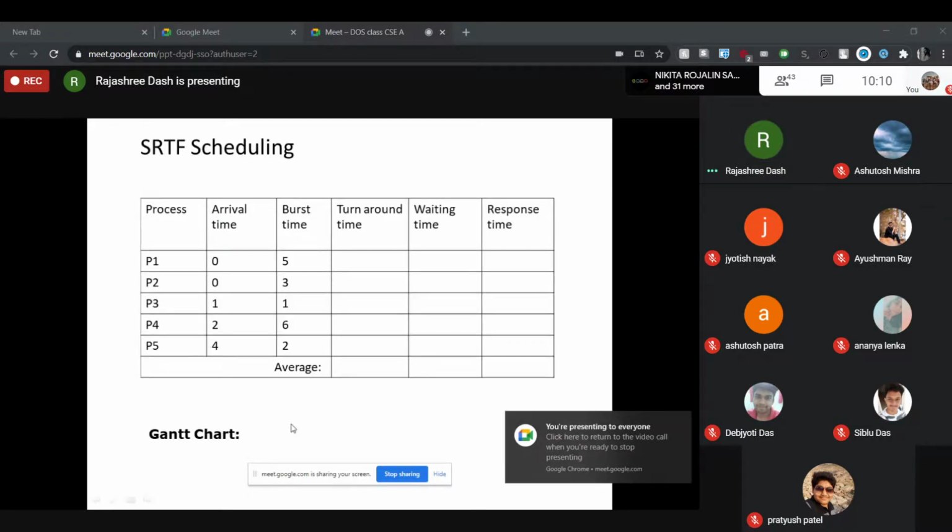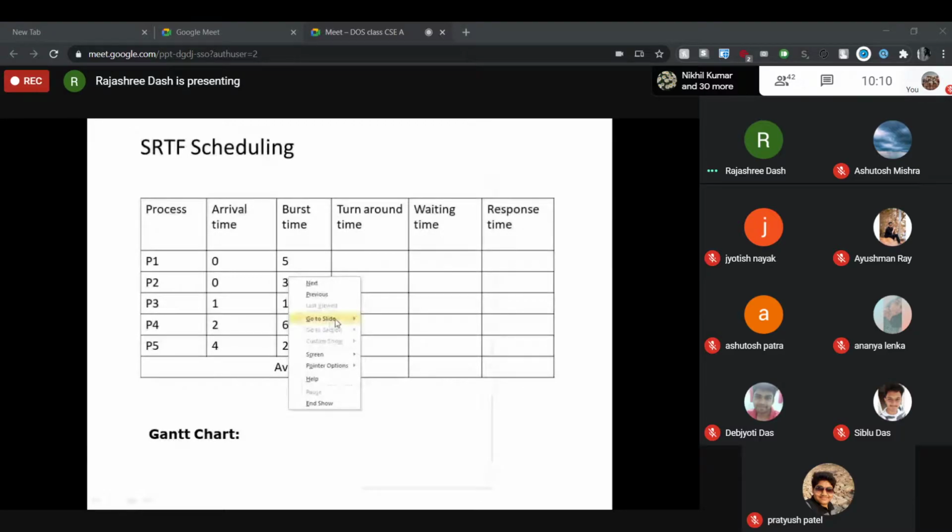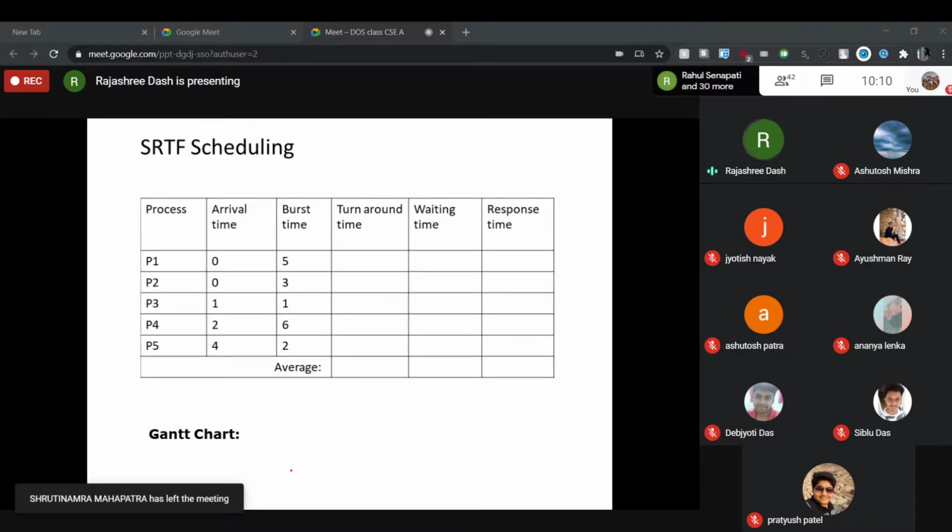Okay. So I think it is visible to all of you. There are 5 processes: P1, P2, P3, P4, P5. Remember, if the arrival time of all the processes is the same, then SRTF or preemptive scheduling works the same way as non-preemptive scheduling.